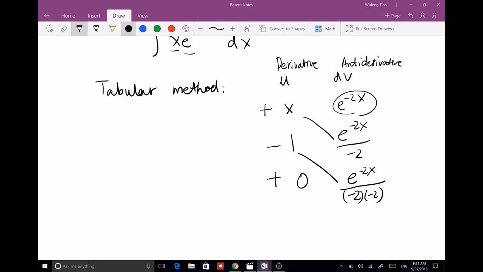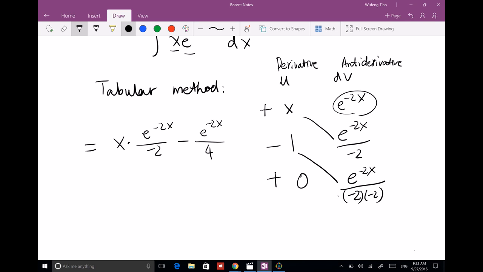So uv, uv, like that. Then your final answer is x times that. You just multiply those two. So x times negative e to negative 2x over 2, and minus e to negative 2x over 4.